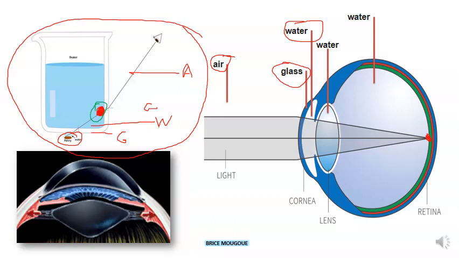Now let us restrict this to the eye alone. When we're looking at the eye alone, we have glass, water, water, and water here. Looking at just where we have water, we have three places. We have the aqueous humor, let me call that number 1.